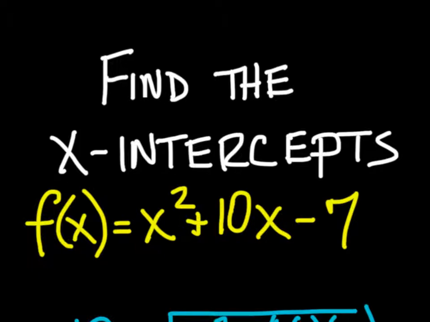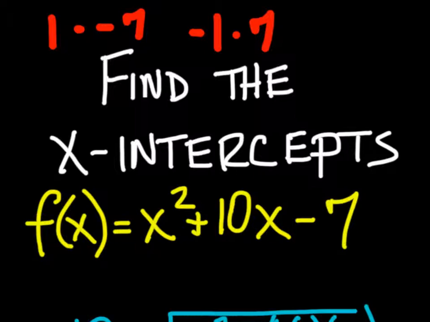What two numbers multiply to get -7? 1 and -7. So 1 times -7 would give me -7, but do those add to give me +10? No. Could I use -1 and 7? Do those add to give me +10? Are there any other numbers that multiply to get -7 and then add to get 10? There are not. So if you can't factor it, then you have to use another way.